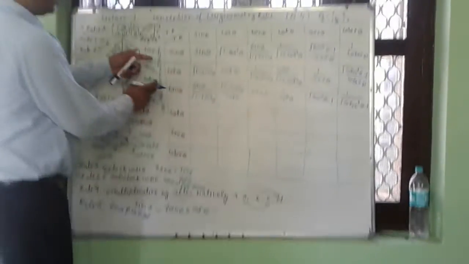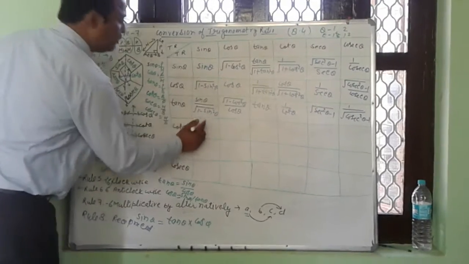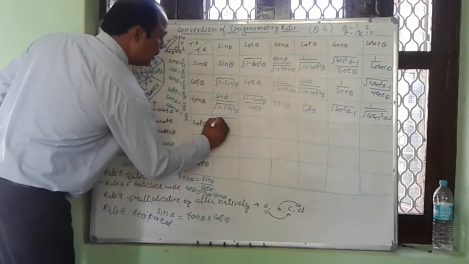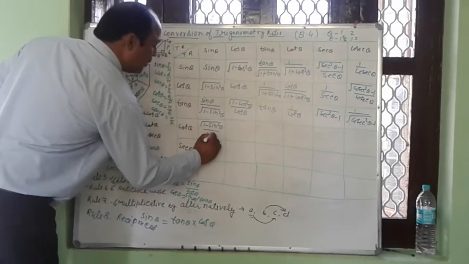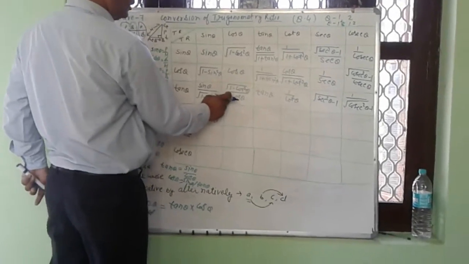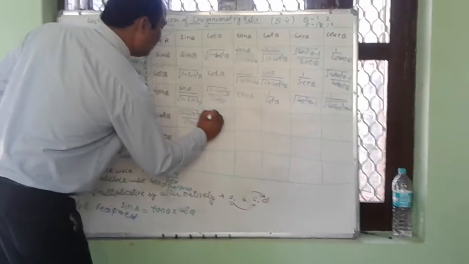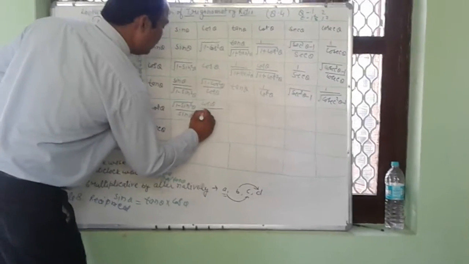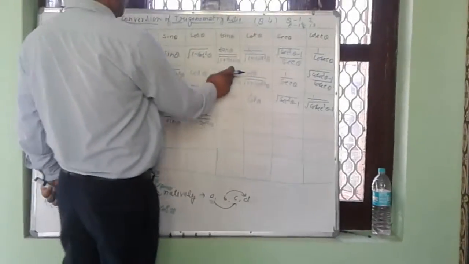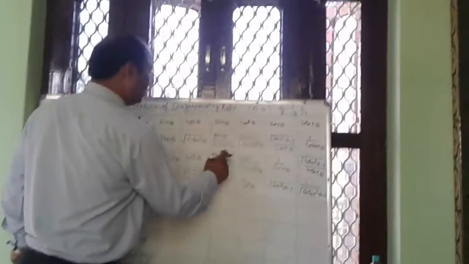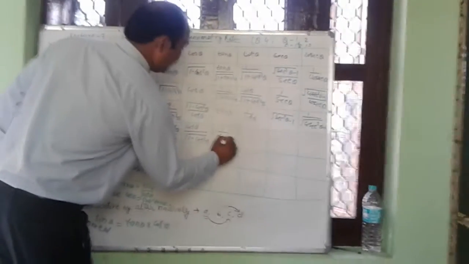Similarly, cot theta is cos theta upon sin theta, so this comes in the numerator: root 1 minus sin square theta upon sin theta, and cos theta upon root 1 minus cos square theta. In terms of this, it is cos theta upon sin theta, which means 1 upon tan theta.